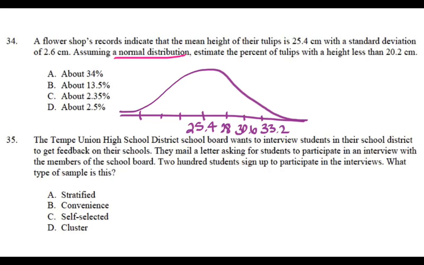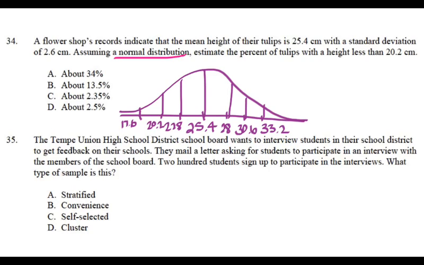And then I'm going to go in the opposite direction, so 25.4 minus 2.6 is 22.8. Minus 2.6 is 20.2, and then minus 2.6 is 17.6. Okay, we can also put in our percents.